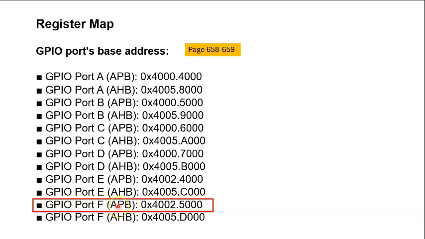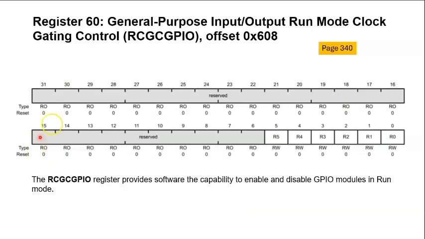APB stands for Advanced Peripheral Bus, and so this is the GPIO port F base address, which is 40025000 hexa. And this is the general purpose input-output run mode clock gating control, or RCGC GPIO.